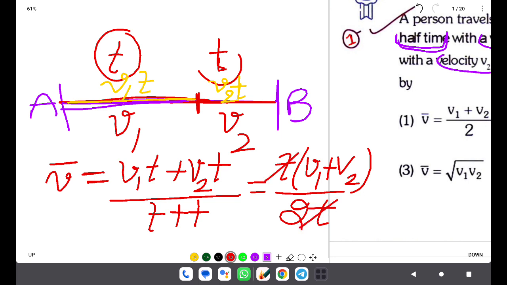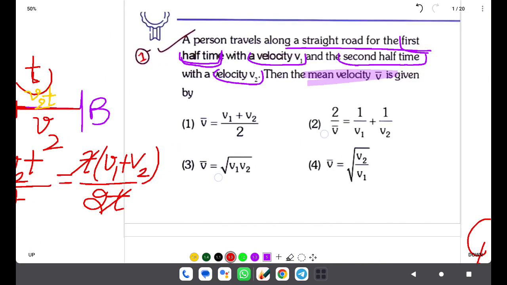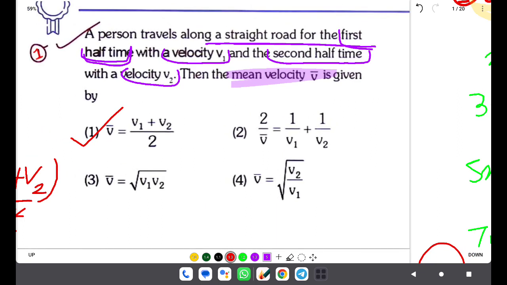This t will cancel that t, and you are left with mean velocity equal to v1 plus v2 by 2, which is our answer. So in this question, the first option is the correct answer, v1 plus v2 by 2. So this is the first question.